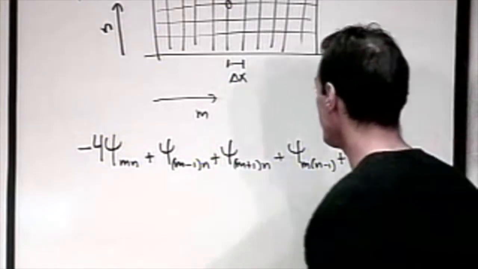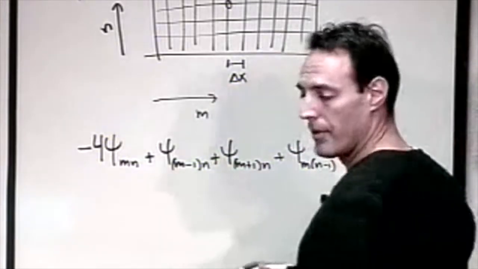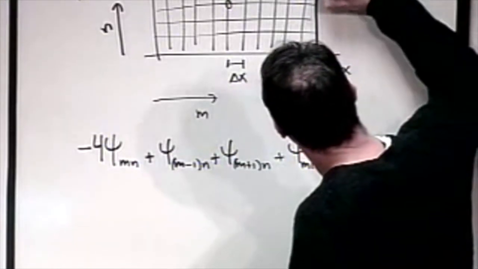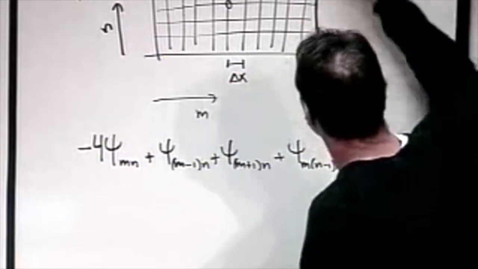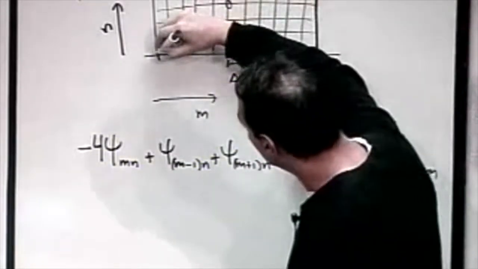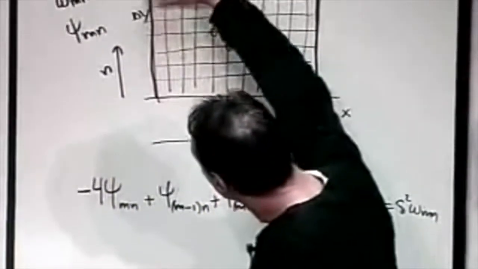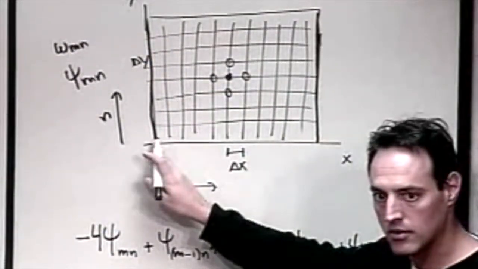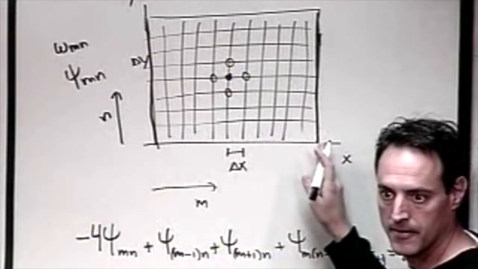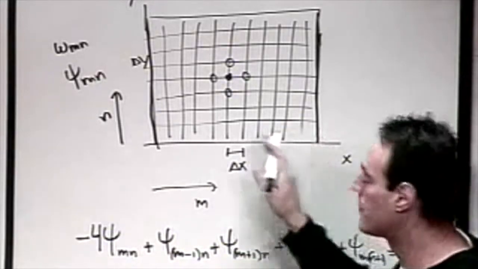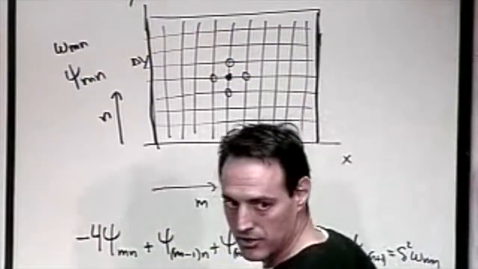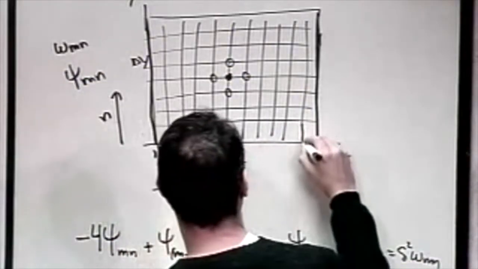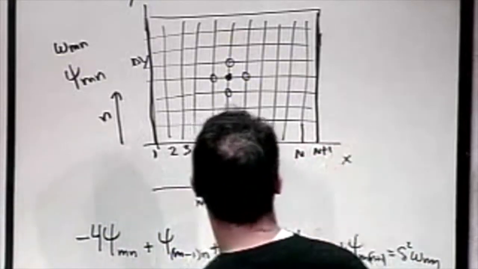Periodic. What periodic boundary conditions mean is that this whole line over here should be identical to this line over here. So if I have the solution here, I know what the solution is there. We're going to chop this into a total of n plus 1 points: 1, 2, 3, all the way up to n plus 1.